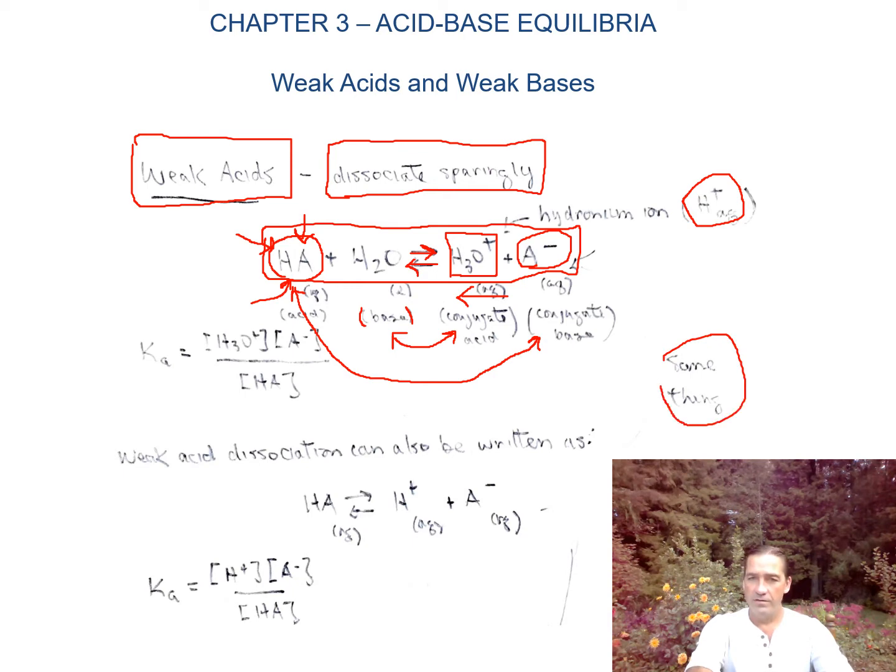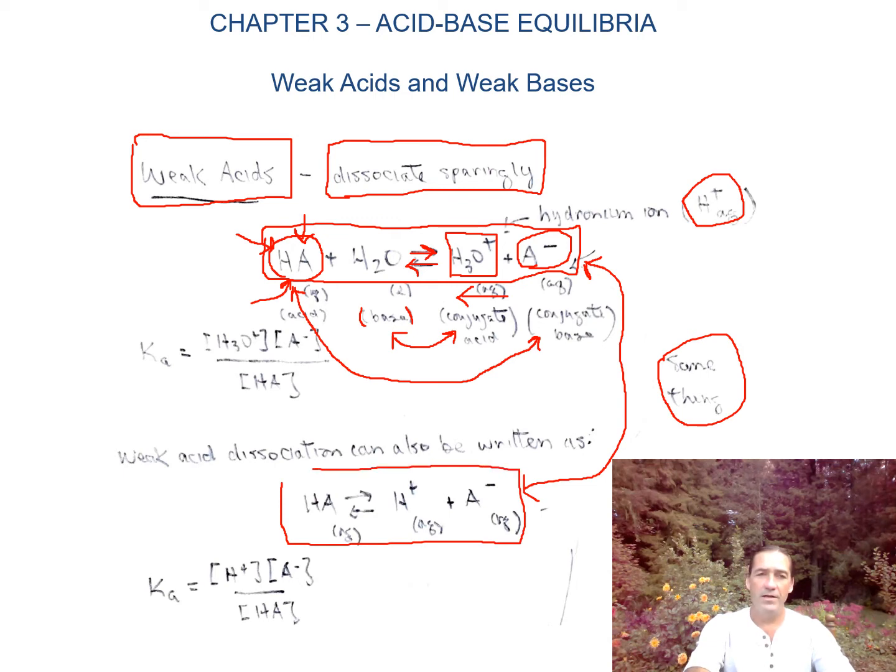Also, talking about the same thing, we could write the dissociation of an acid like this. And so this equation here says the same thing. And it shows that the weak acid dissociates into H plus and A minus.